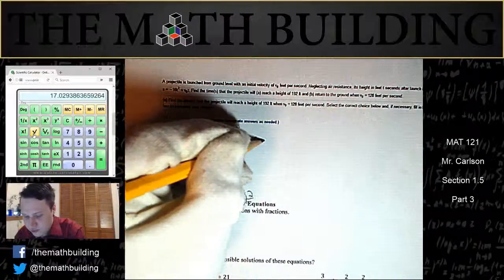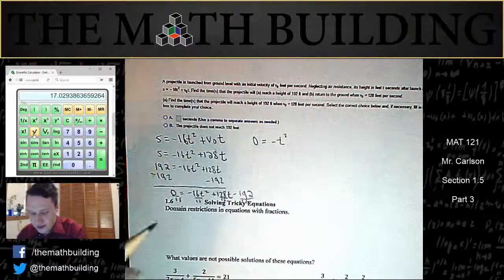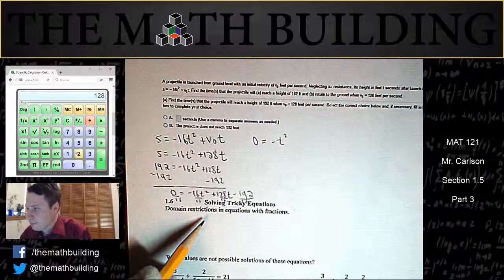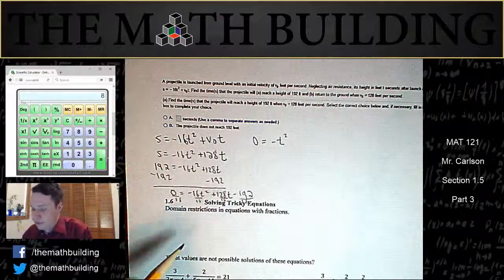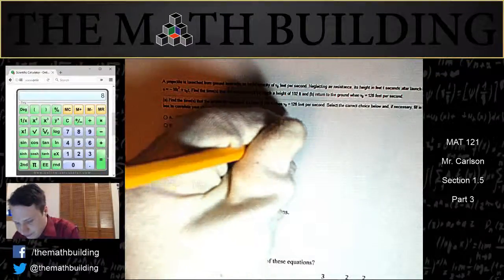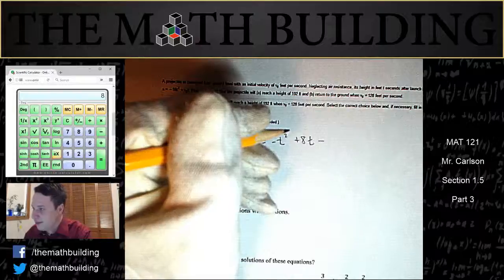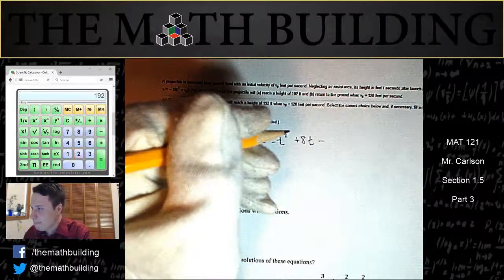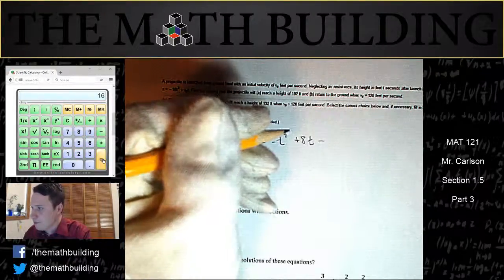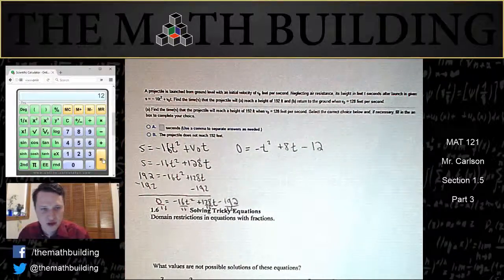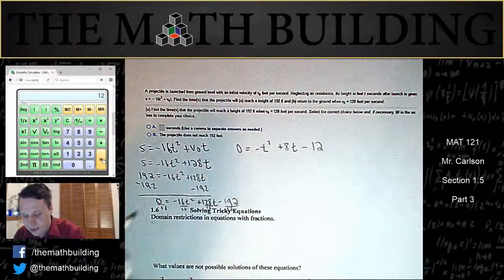And when we do that, we get negative t squared, 128 divided by 16, which is 8t, minus 192 divided by 16, which is 12.